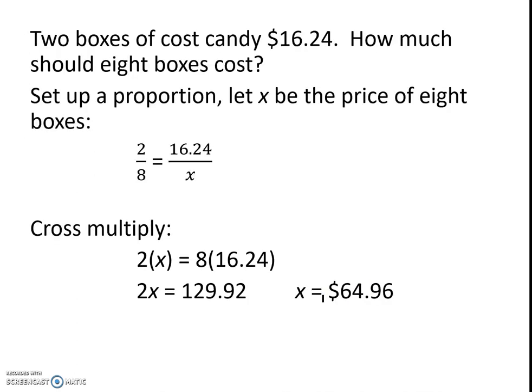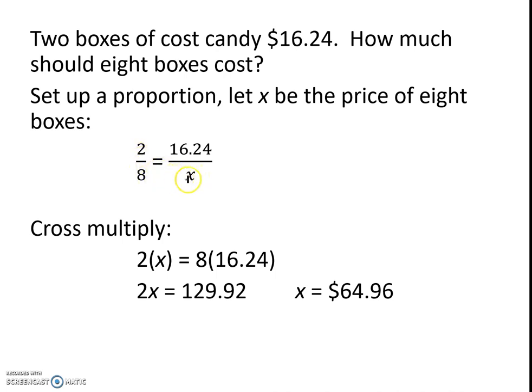Our next problem is 2 boxes of candy cost $16.24. How much should 8 boxes cost? So we're going to set up a proportion. Let x be the price of 8 boxes. So we have our 2 boxes of candy costing $16.24, and we want to know how much our 8 boxes cost.